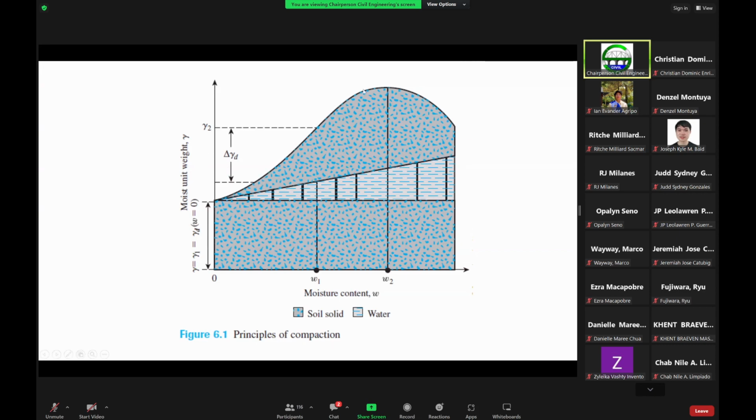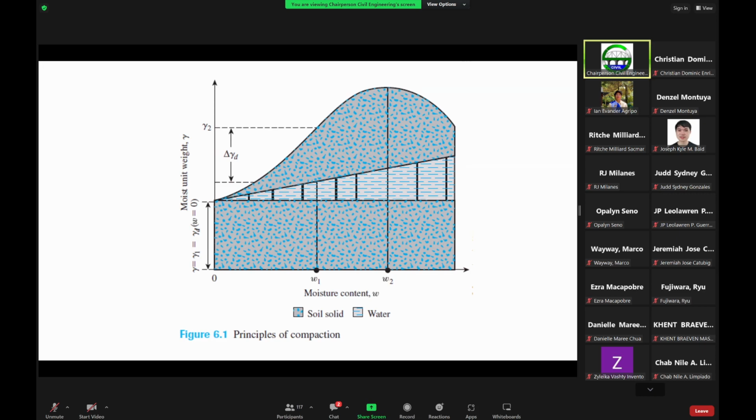Now we try to get a plot in such a way that we can determine the optimum moisture content and the maximum dry unit weight, to give us a certain density of the material that we require, for example, in the field. Usually in construction, these are normally prescribed by the client, for example, that we require this amount of compaction. It depends on the structure.